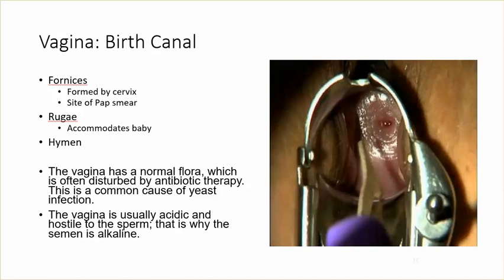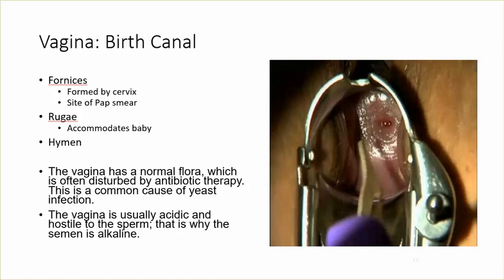The vaginal canal is the birth canal. It has some spaces in front and behind the cervix called the fornix, the anterior fornix and the posterior fornix, so together the fornices. They have the rugae, and for a short while there's a hymen.